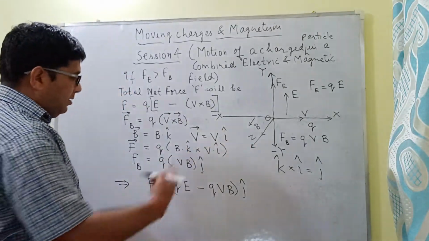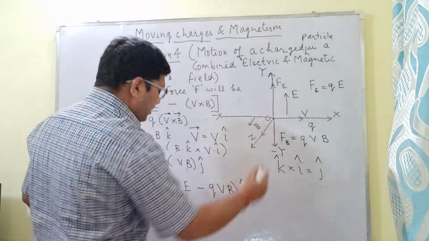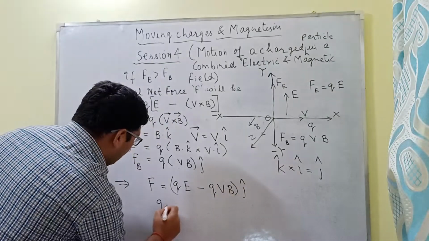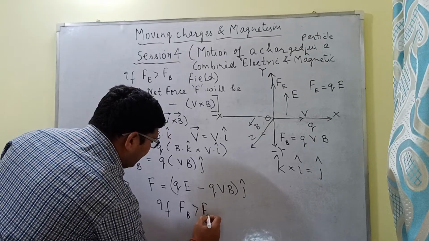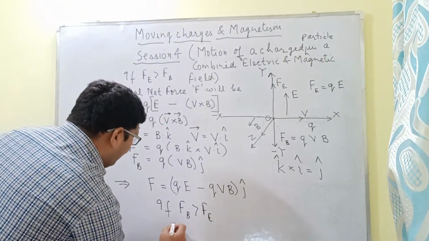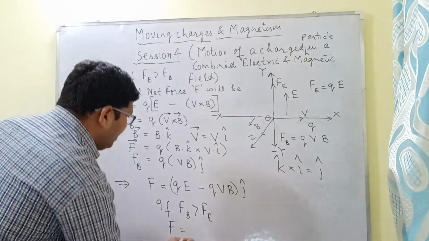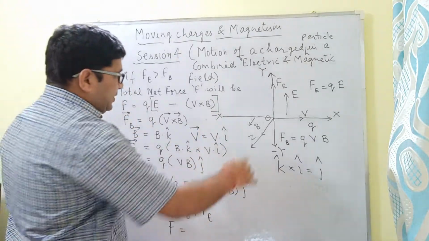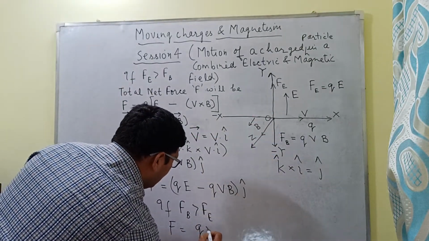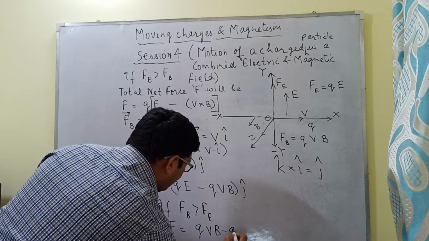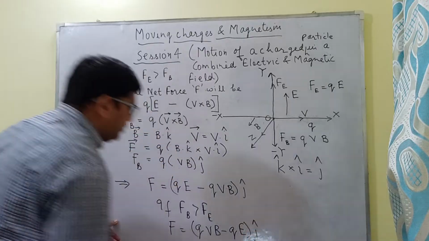अच्छा, अगर FB is greater than FE, तो उस केस में हमारा जो F की वैल्यू क्या हो जाएगी? The Lorentz force, or you can say the total net force acting on this particle, will be equal to, उस केस में क्या हो जाएगा? That will be equal to QVB minus QE times j cap.